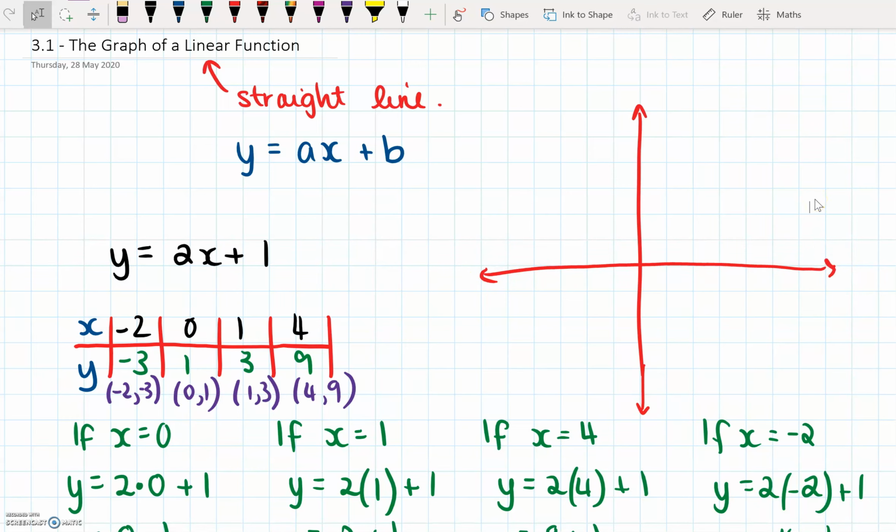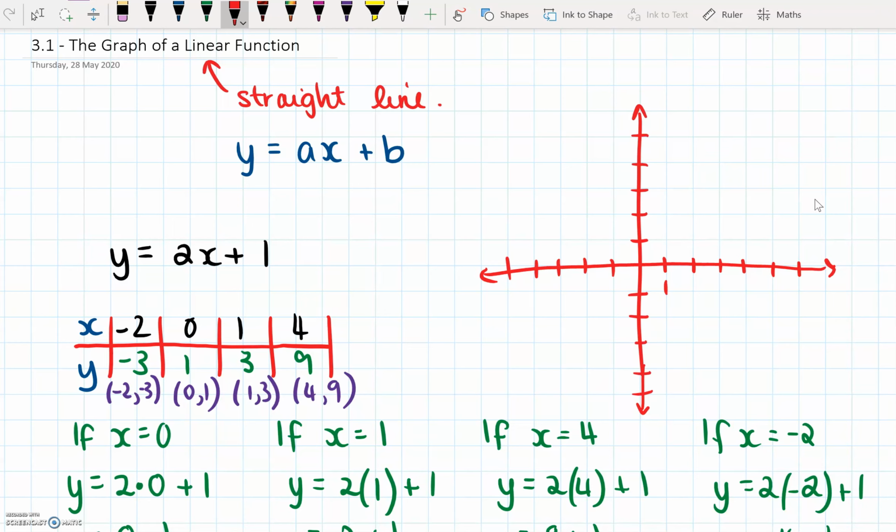All right, and you should always label your points. Okay, they should be evenly spread out nicely like this.